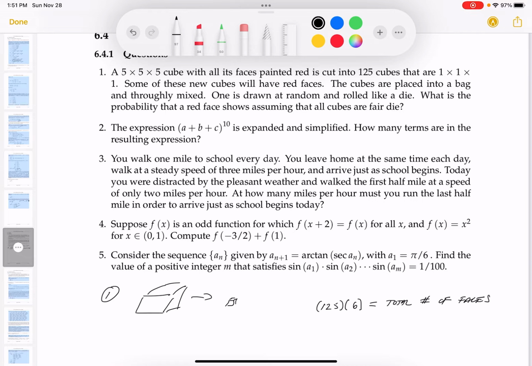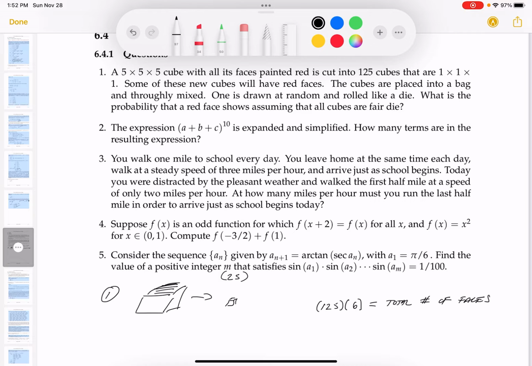Now let's talk about the number of cubes that have a red face and how many red faces there are. Let me see. Each side of the red cube originally has a 5 by 5, so 25. If I just paint the top surface, there's 25 red faces there.